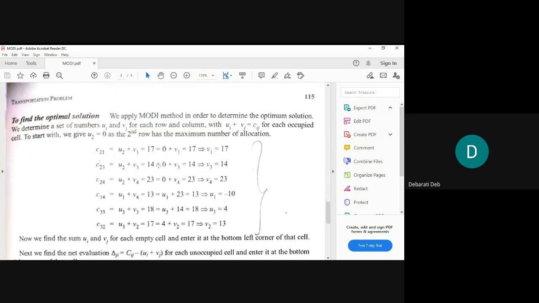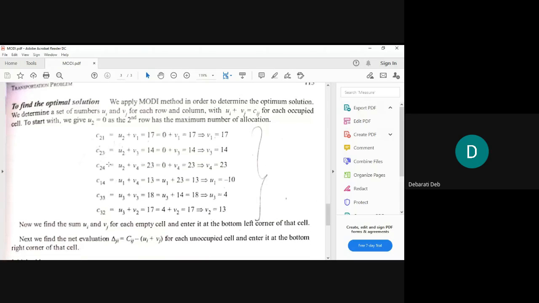So we will write C21 equals, write this in your copy. C21 equals U2 plus V1 equals 17.